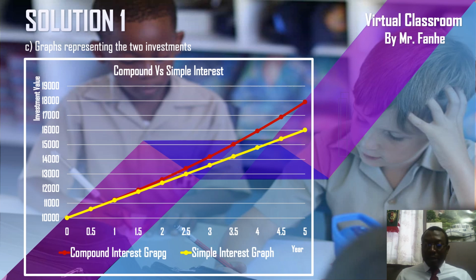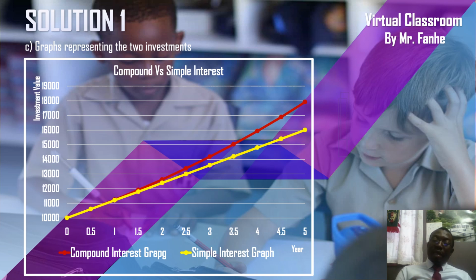The reason is the principal that we were using to calculate the interest was the same all the way from year 1 to year 5, and the interest also did not change from year 1 up to year 5. That is the reason we are getting a straight line graph. It means the proportion by which the total investment was increasing was the same. As a result, we get a straight line graph.